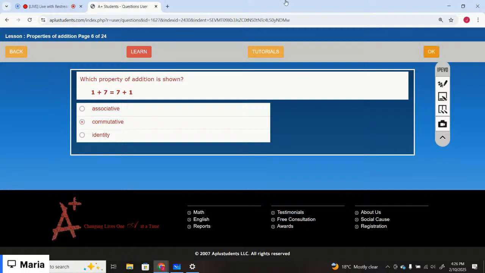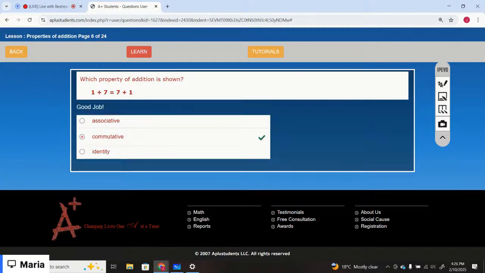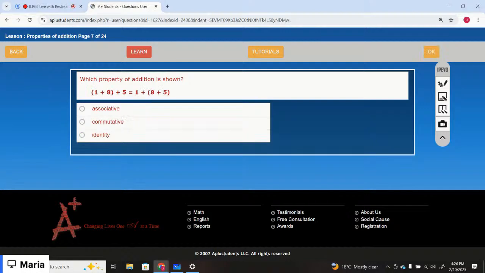Option number 2 is the correct option. Which property of addition is shown? 1 plus 8 plus 5 equals 1 plus 8 plus 5.